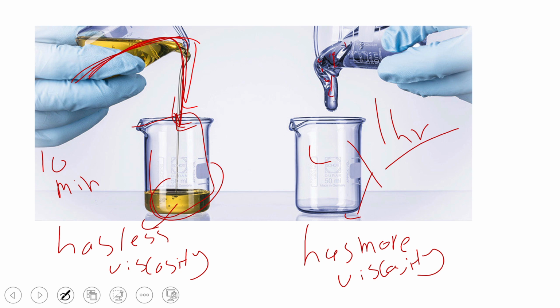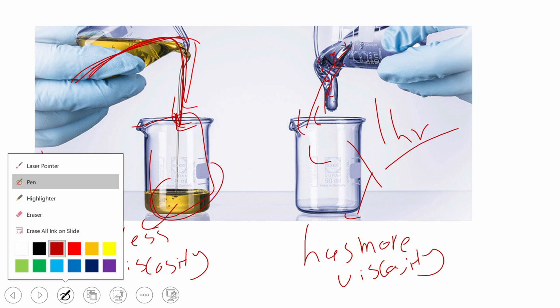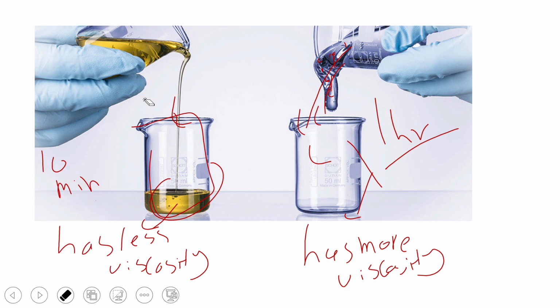There is more friction. So this type of liquid needs time to come out. But in that one, between the layers of the liquid, there is less viscosity. That's why it immediately comes out.